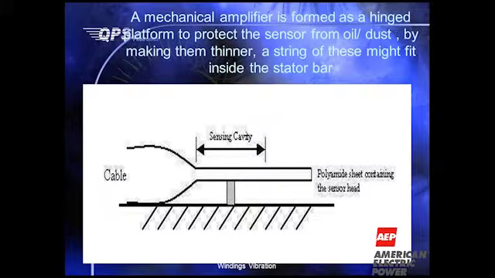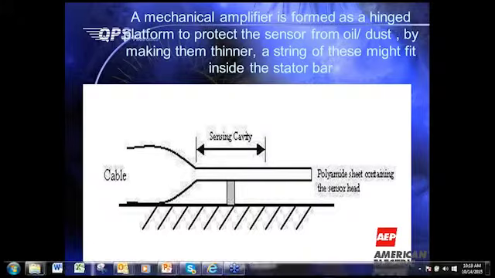In order to increase the sensitivity of the sensor, we have developed a mechanical amplifier. And this comes in the form of a diving board made with polyamide sheets, and several layers of it sandwich the fiber optics.